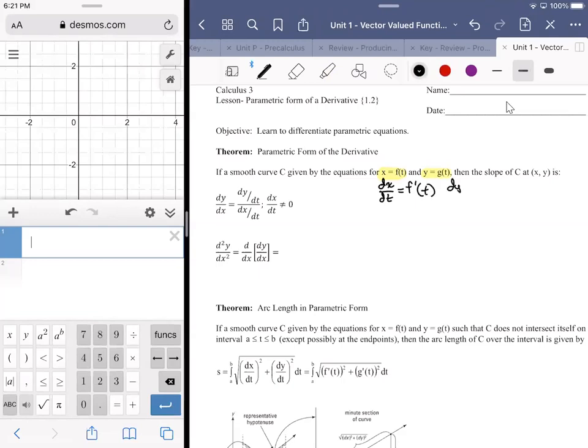And then I could say dy/dt is equal to g prime of t.